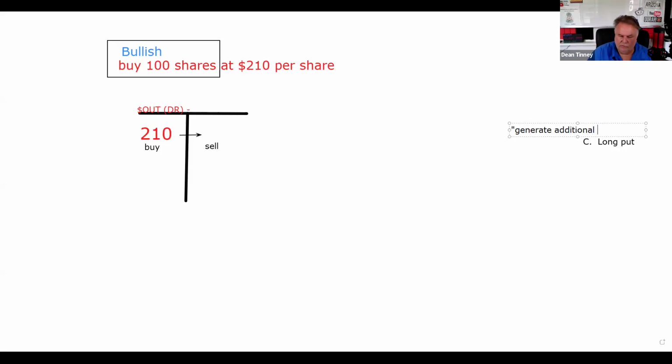Now, what I mean by additional income is Apple pays a dividend. Not much, but it pays a dividend. So if I'm a Vanguard customer and I have stocks in my account and I'm interested in generating some additional income, I might want to consider a covered call. Covered because I actually have the stock in the account.